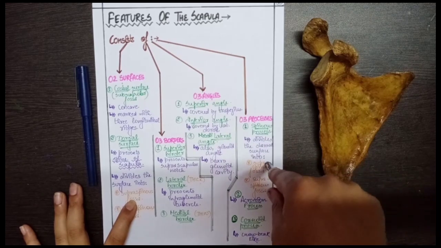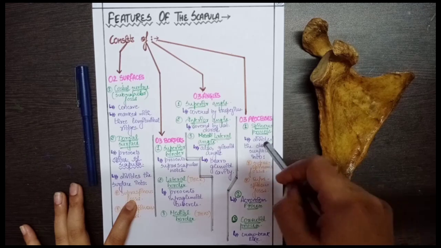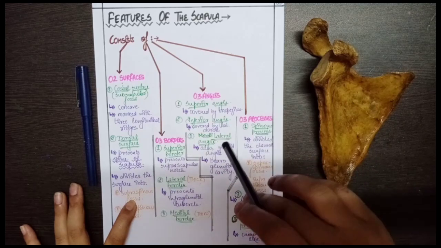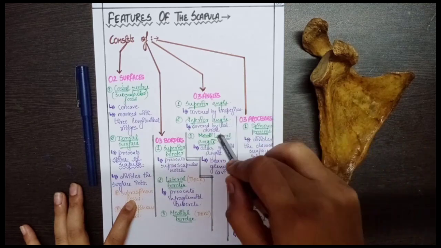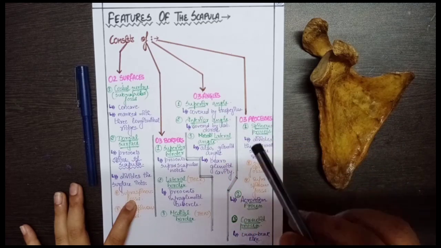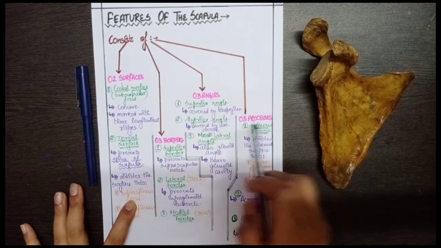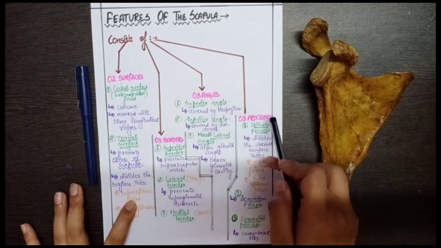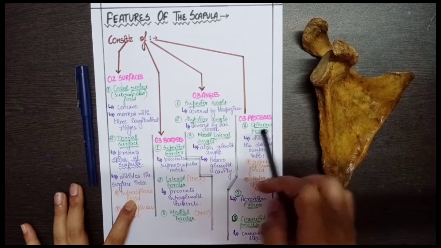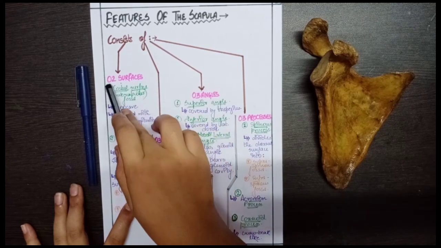When you are thorough about the features of the scapula, you will remember the attachments more easily and correctly. Borders, angles and processes are all 3 in number, except for surfaces, which are 2 in number.